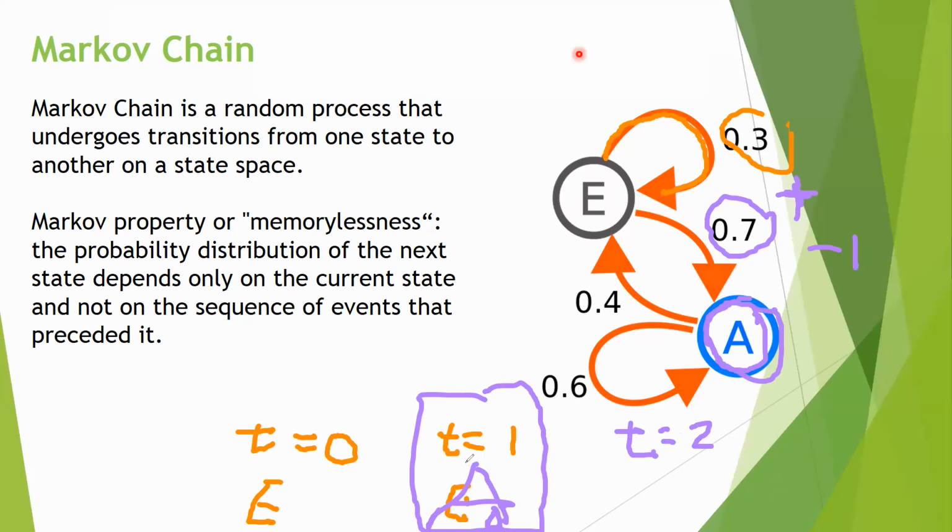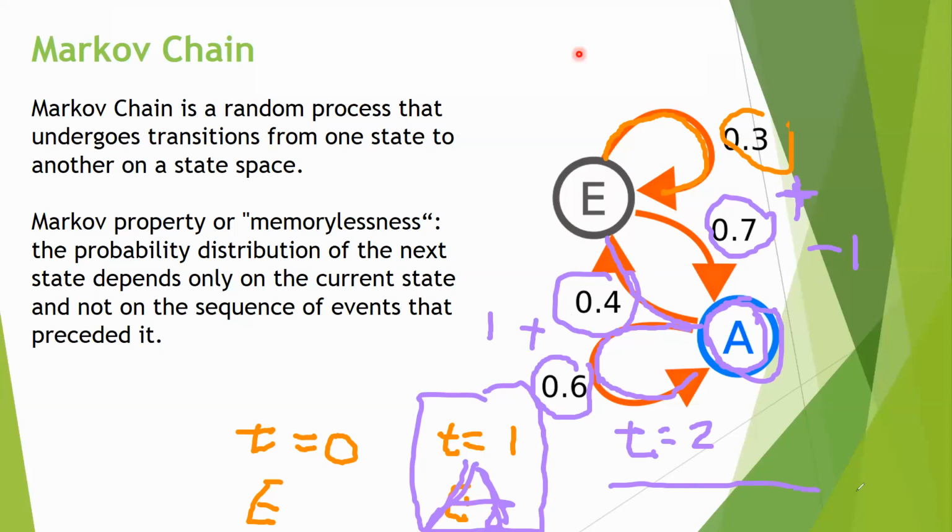The chain will either stay in state A with probability 0.6, or transition to the E state with probability 0.4, and these two probabilities add up to 1.